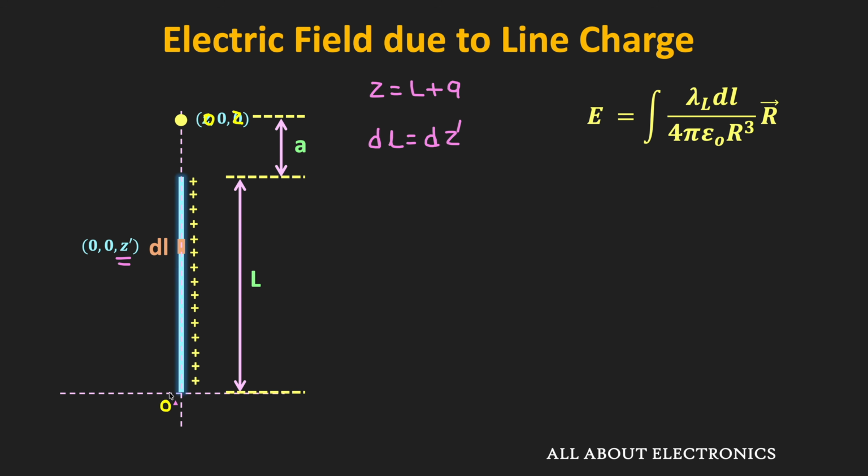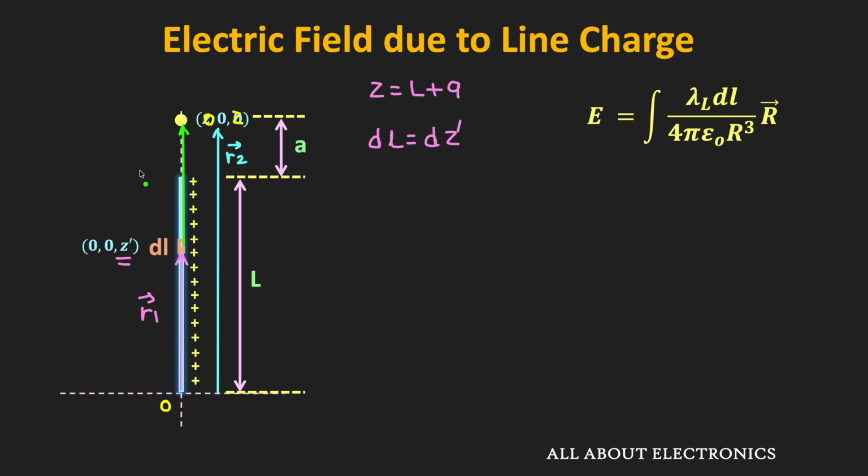So here, from the origin, the position vector for this differential length dl, let's say, is equal to r1. And likewise, from the origin, the position vector that is pointing towards this observation point will be, let's say, r2. In this case, the vector r is pointing from the differential length dl towards the observation point.